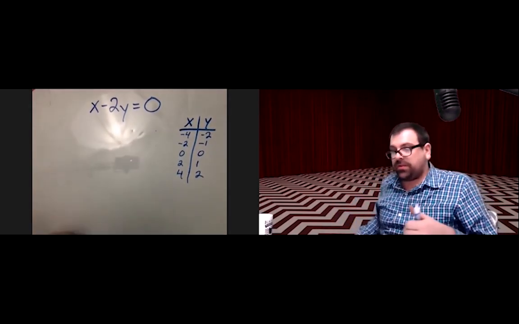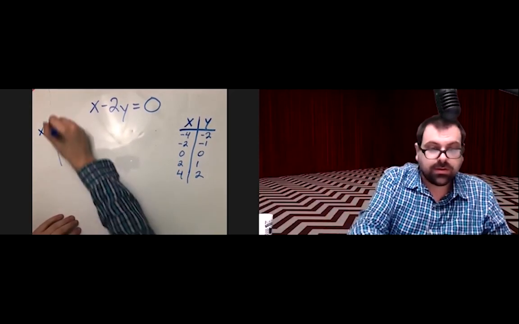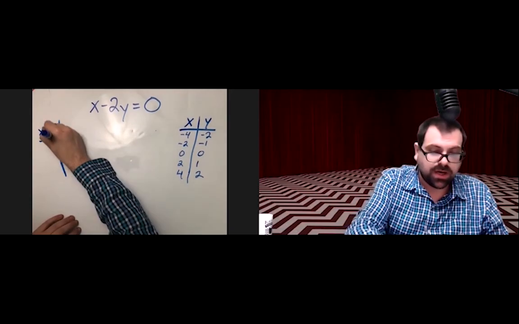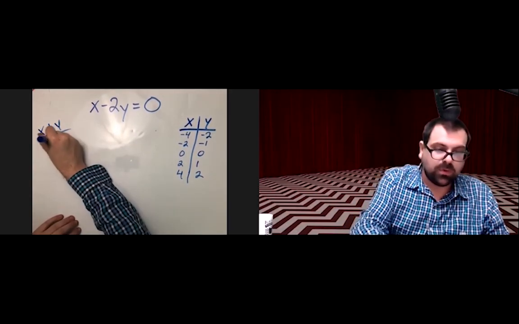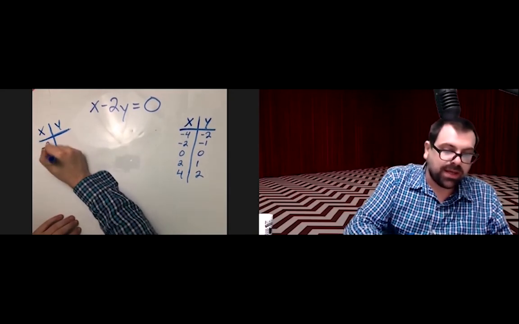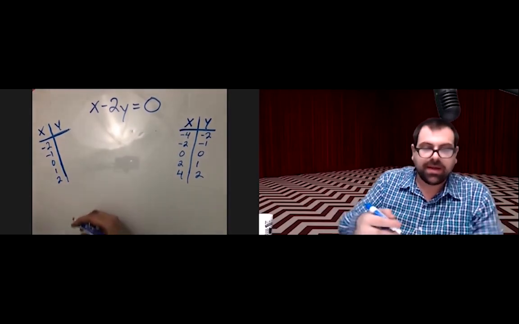Now, another thing you could have done, we're going to come back to what to do with these points in a second. This is like a pause. This isn't more of the same. This is another thing you could have done. Just start by picking some x's and then plugging them in.